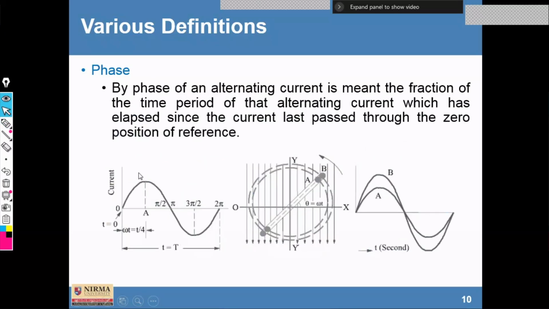Then another definition is phase and phase difference. Here we are going to discuss in detail two different quantities acting simultaneously in the same magnetic field. Here you can observe two different coils, coil A and coil B. Coil A is a little smaller than coil B, in a magnetic field.